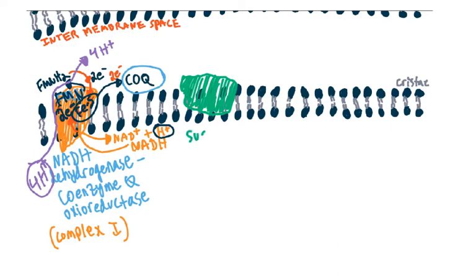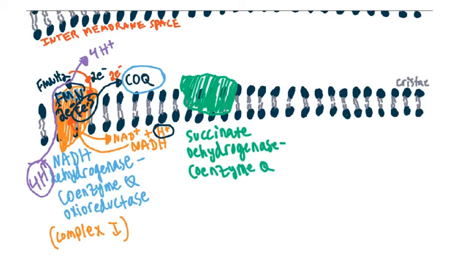Complex 2, it turns out, is called succinate dehydrogenase coenzyme Q oxidoreductase, also known as complex 2.